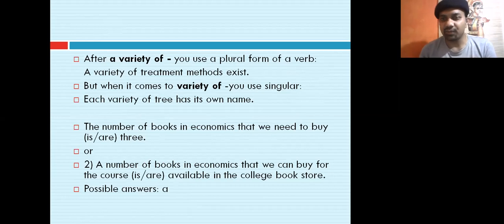Let us look at this one as well. The number of books in economics that we need to buy is 3. What is the subject here? Is or are? What should be the verb here? Is is the correct verb because the number is the subject, not books in economics.